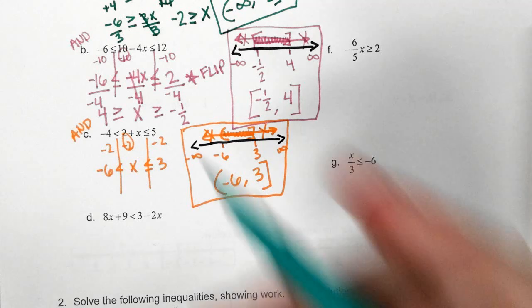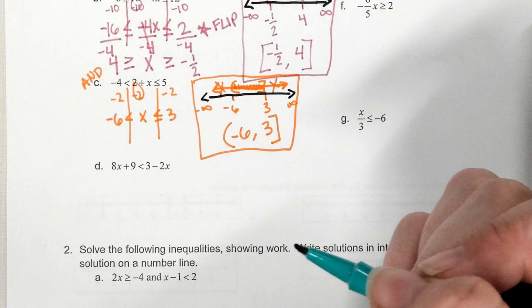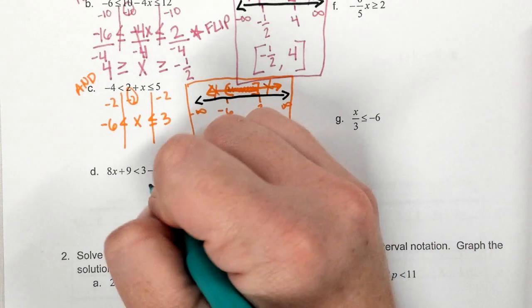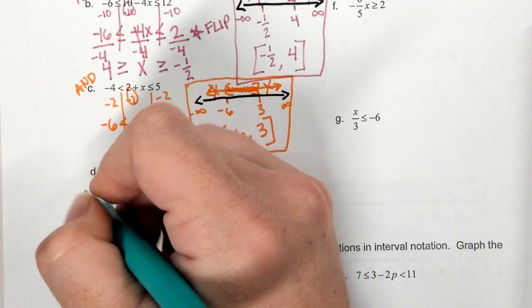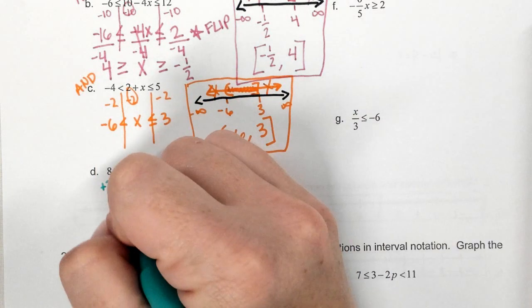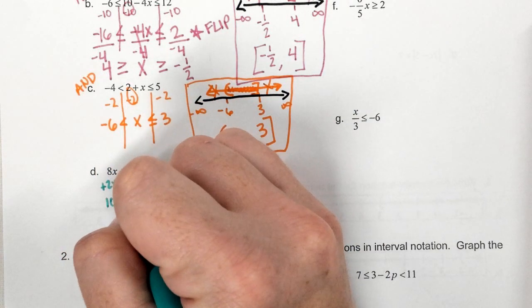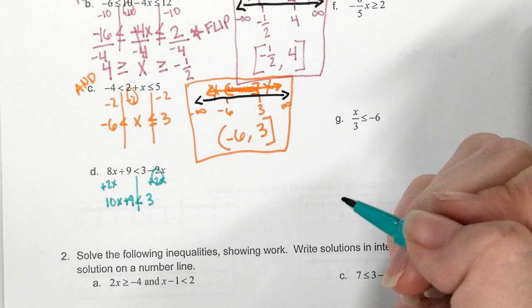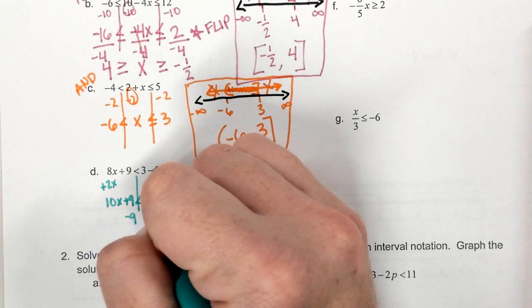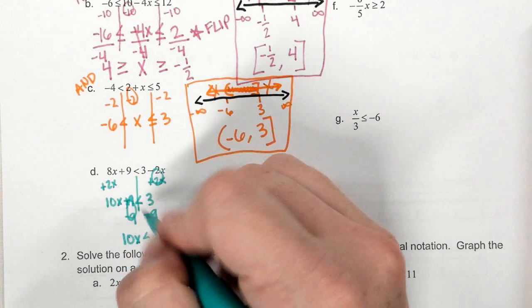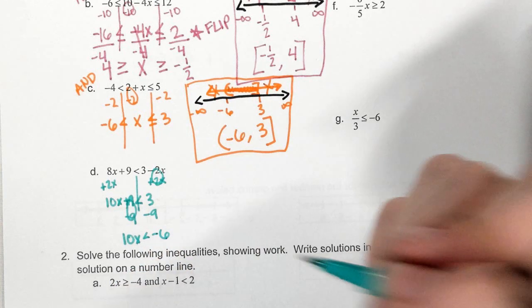Okay, on this one, we're going to move our smallest x, which is this negative 2x, so plus 2x, plus 2x, and I have 10x plus 9 is less than 3. So I'm going to do minus 9, and I get 10x is less than negative 6.